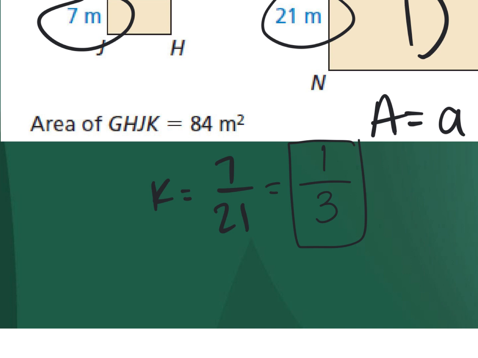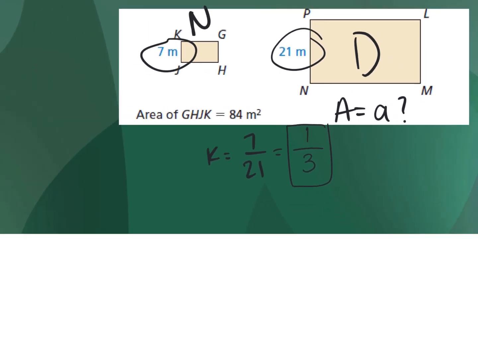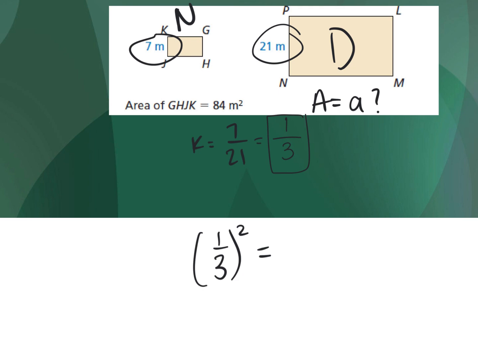So now I take my scale factor, and what do I have to do with it to compare it to areas? Square it. So we're going to take 1 over 3, square it, and that will be proportional to the areas over each other. What area must go in the numerator? 84. Do you guys see that 84?